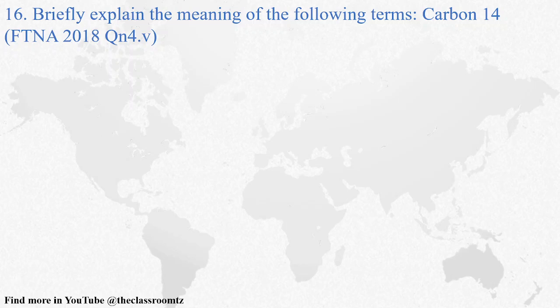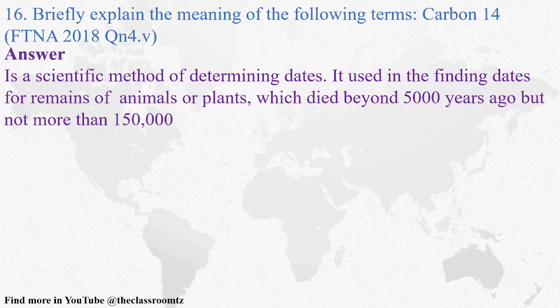Briefly explain the meaning of the following term again. Carbon 14. This is different here. The previous question where they asked about the scientific method was in the year 2017. Here it was 2018. So as I said, carbon 14 is a scientific method used to find the age of past remains, but it covers the years from 5,000 up to 150,000.